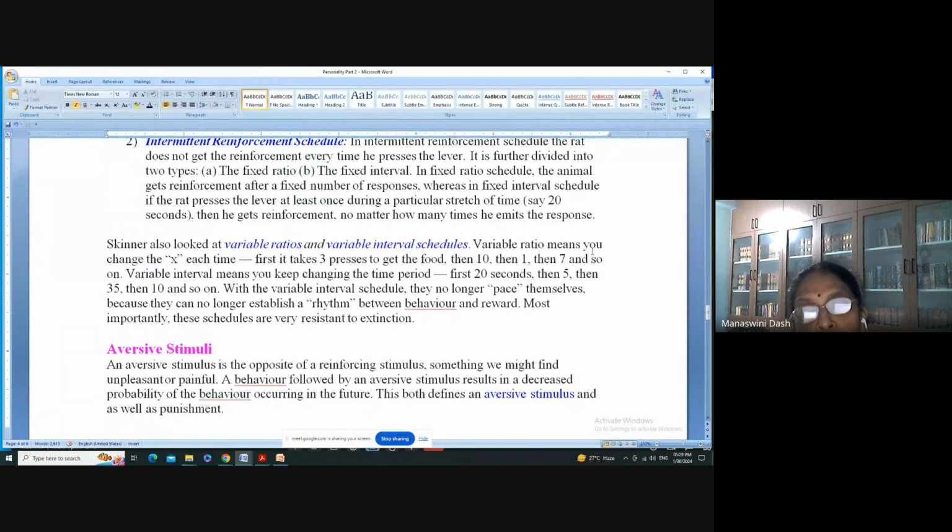This is also known as punishment. So punishment is something, try to understand the difference, which, when given after a particular behavior, the probability of that behavior decreases.